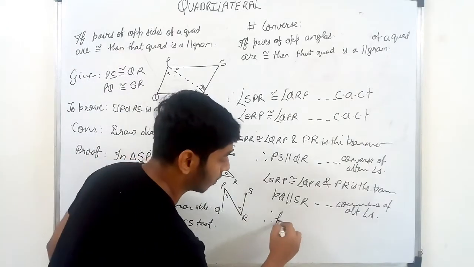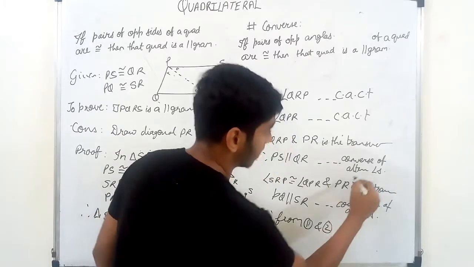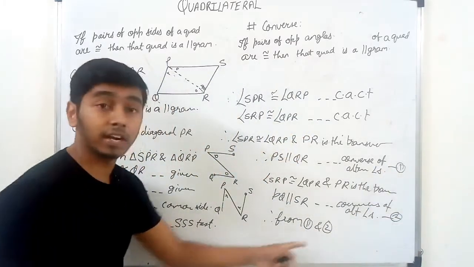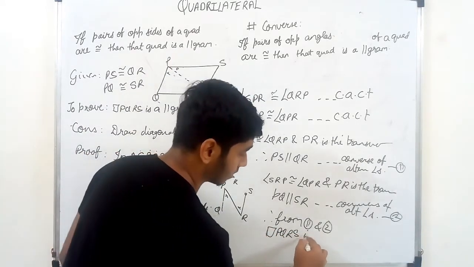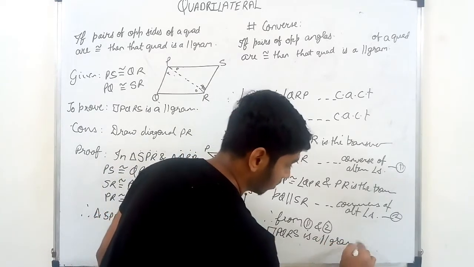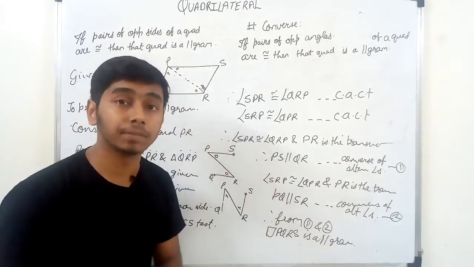Therefore, from 1 and 2, let's name this as first equation, this as second equation, we can say quadrilateral PQRS is a parallelogram. Okay, so I hope you have understood this.